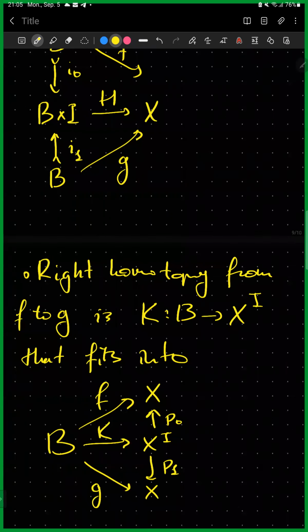So we will denote left homotopy like this and right homotopy like this.